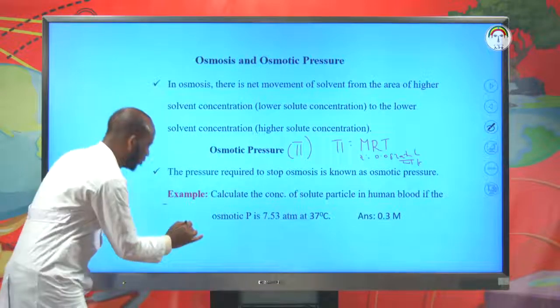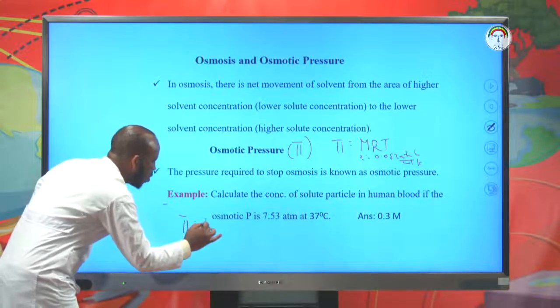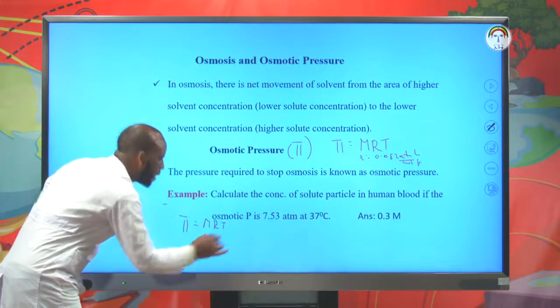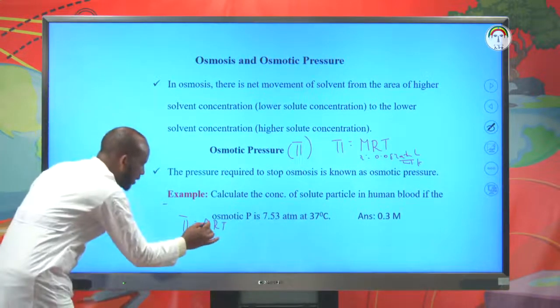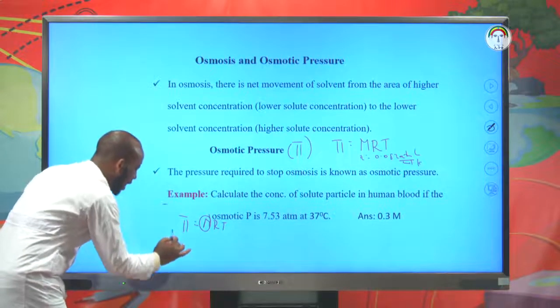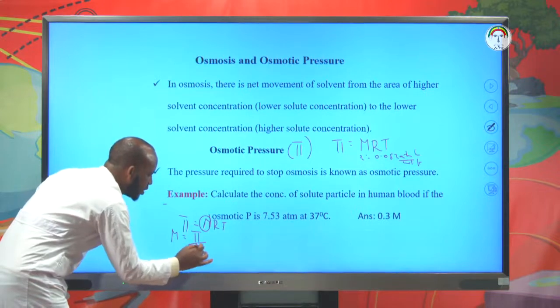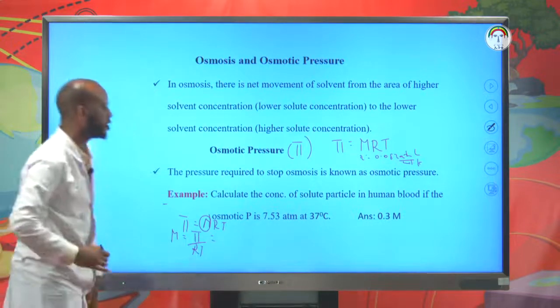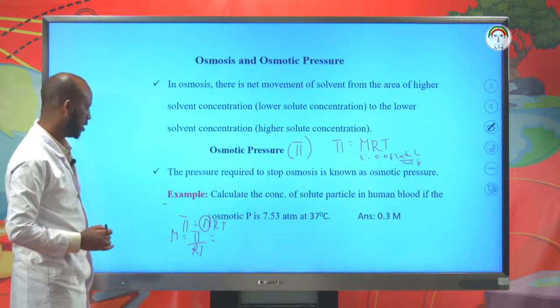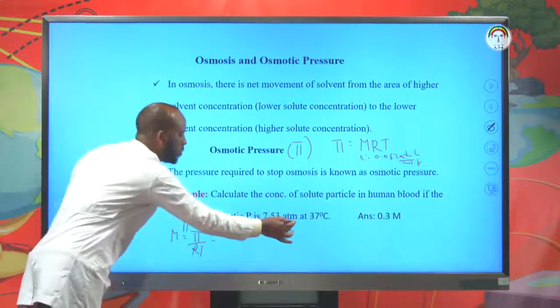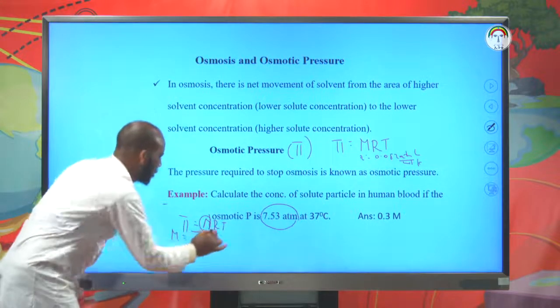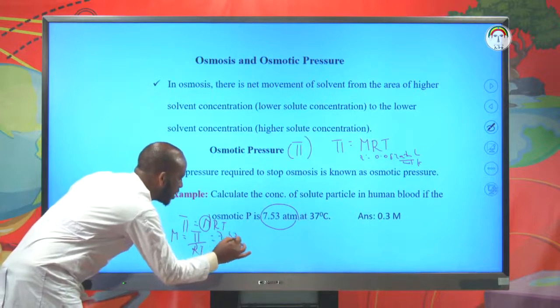Osmotic pressure equals molarity times R times temperature. From this, concentration or molarity, capital M, equals osmotic pressure divided by R times temperature. Osmotic pressure of this solution is 7.53 atmosphere.